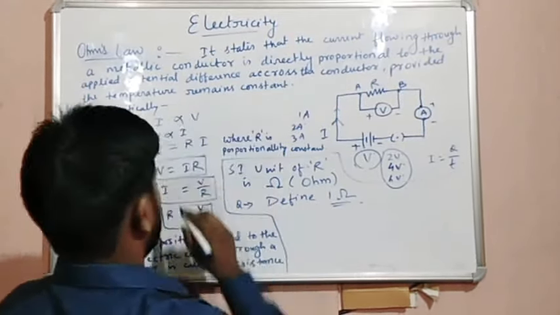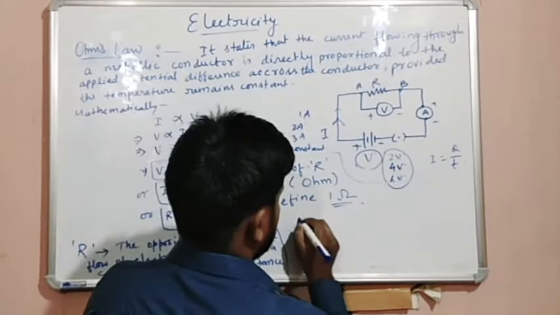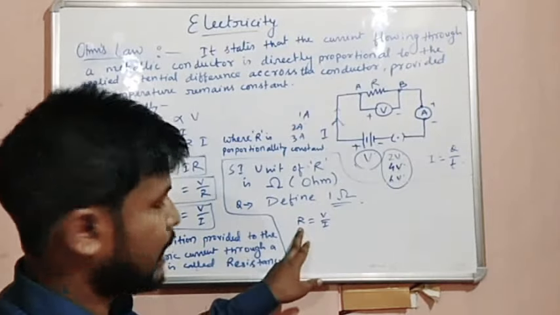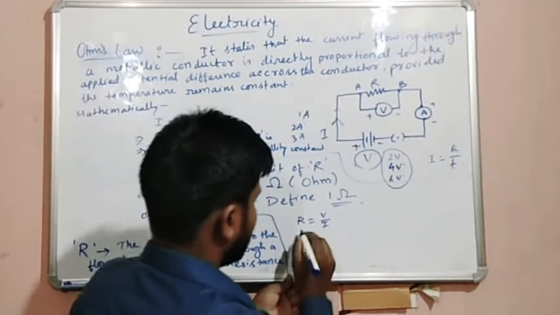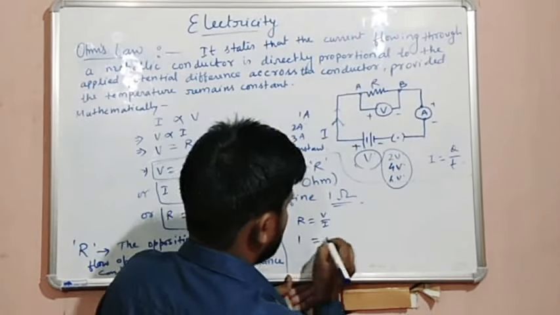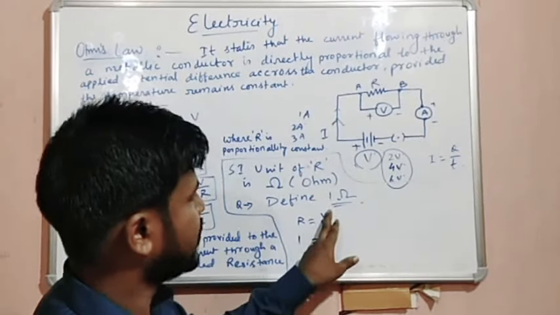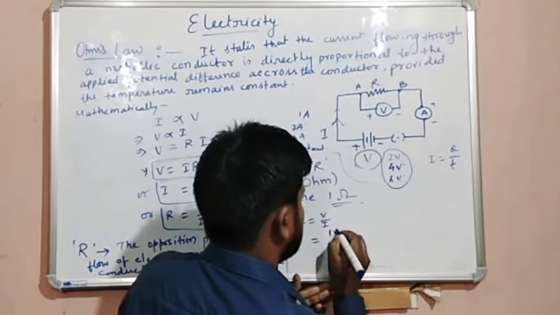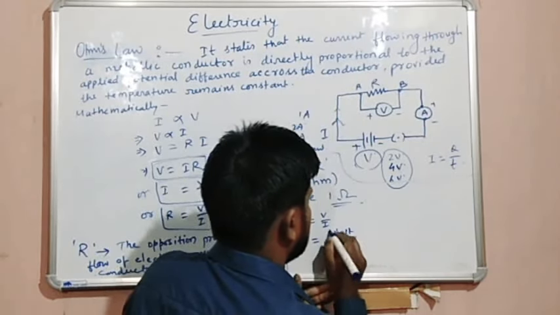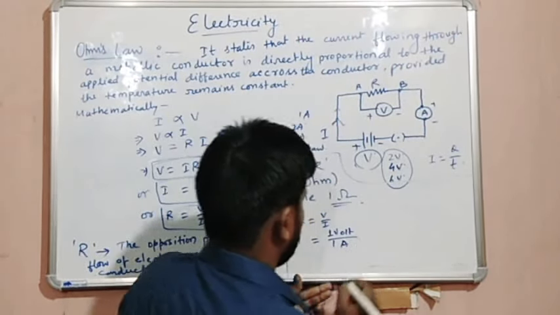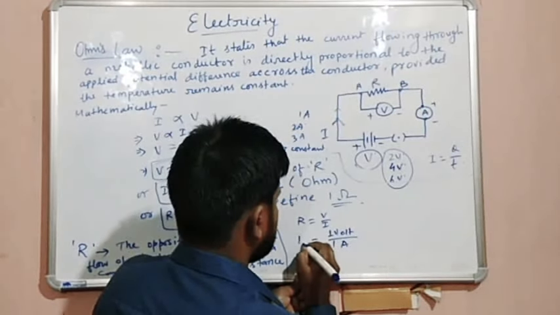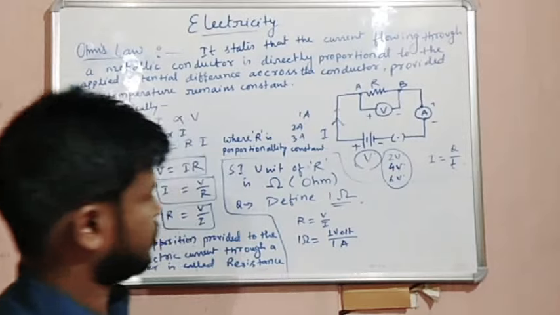From this formula, R is equal to V upon I. To have a resistance of 1 ohm, what do we have to do? We have to make V 1 and I also 1: V 1 volt by I 1 ampere.